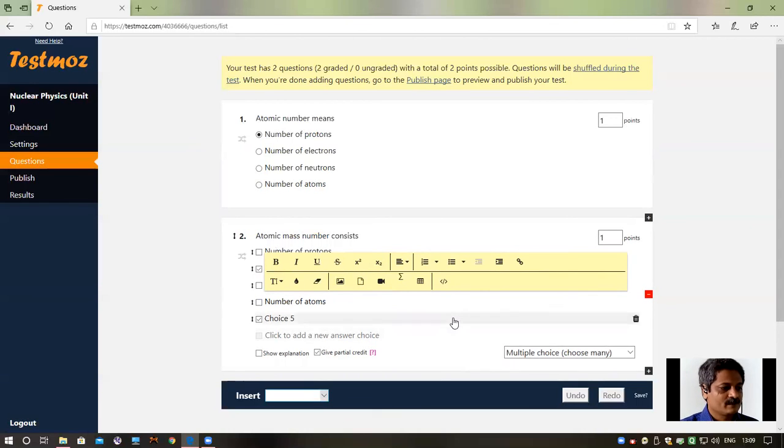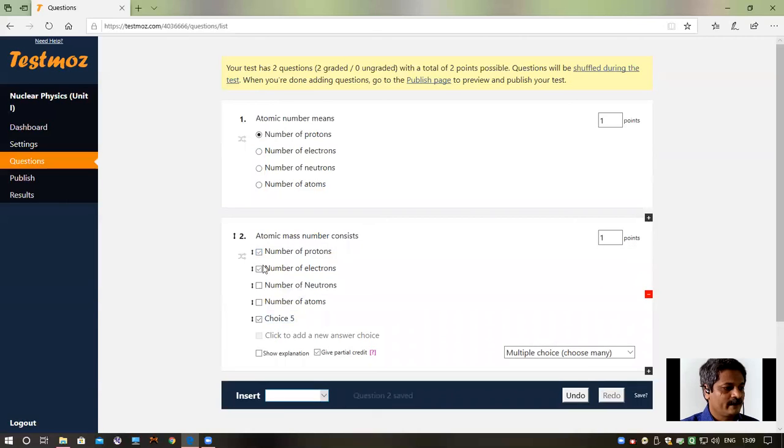The correct options are number of protons and number of neutrons. Atomic mass number consists of number of protons and number of neutrons. There are 2 correct options. That means option first and option third is correct.